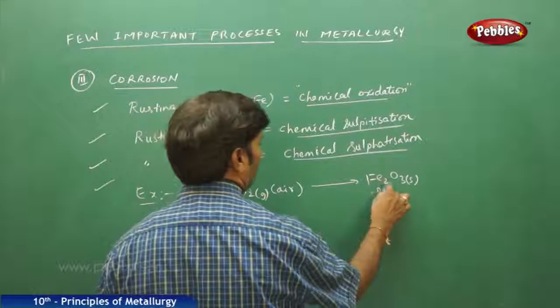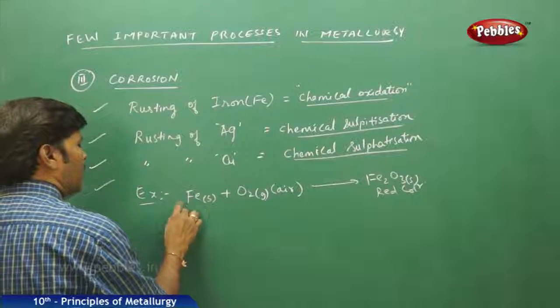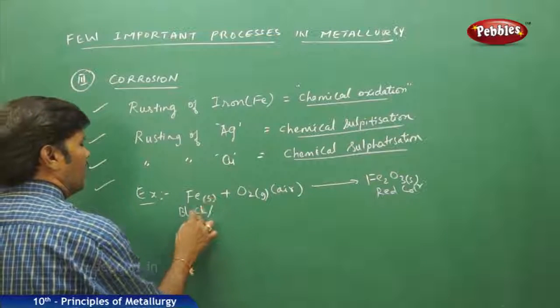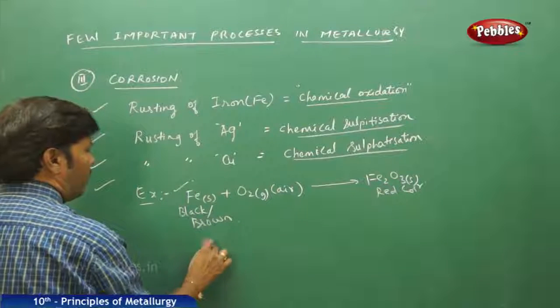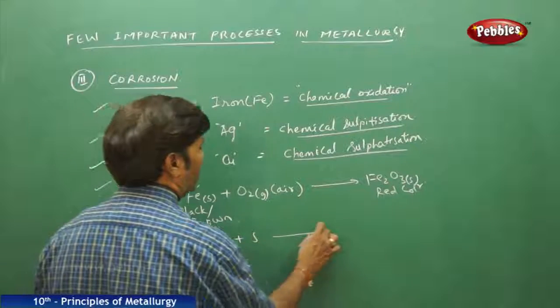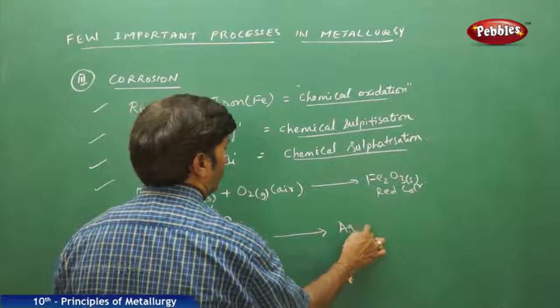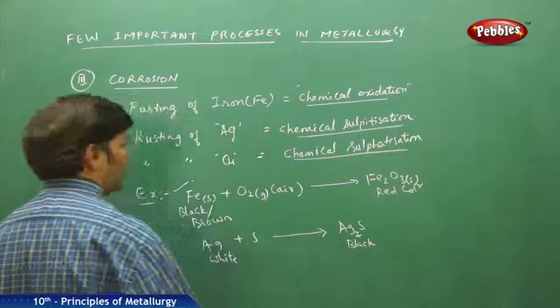This is red color. This is black or brown color. Silver is white, but when it comes in contact with sulfur, it forms Ag2S, and it becomes black. This is also one kind of rusting.